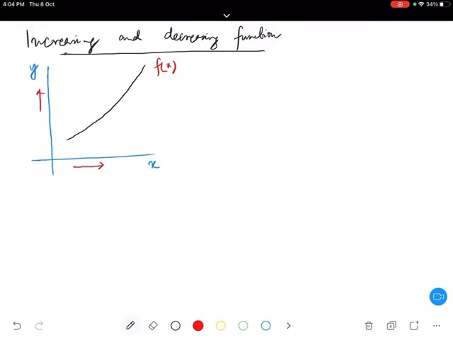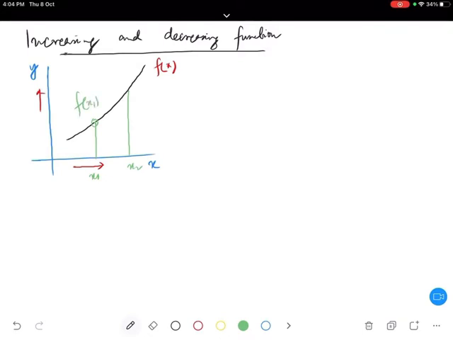What is that? It's that if I take 2 points, let me take a different color. One is x1 and the other one is x2. Now, if this is function f(x), corresponding to x1 the function value we get is f(x1). Yes or no?